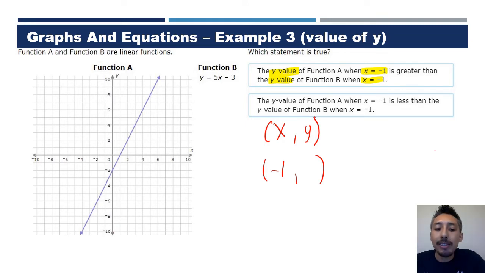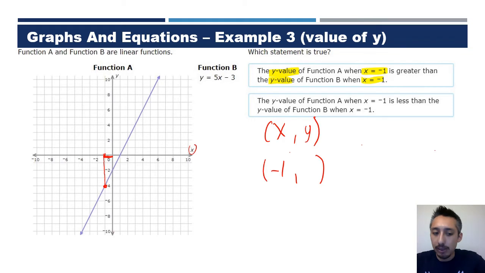Let's just start off by finding where x is equal to -1 for function A. So here we have our x-axis going side to side. -1 is down here. So this is where x is equal to -1. So now that I moved to the left one, to -1, now I need to find what y is equal to. Well, when x is -1, y, if you go down here, is -4.